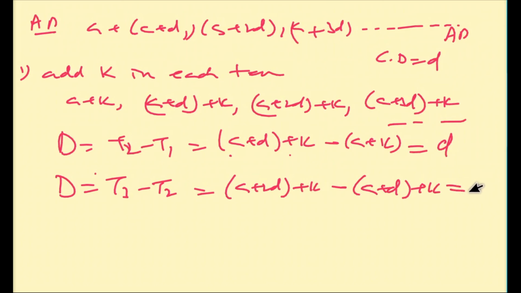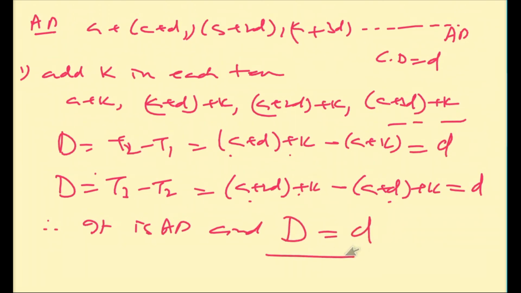What do we get here? k is also cancelled, a plus d is cancelled, so what is left? d. Again the common difference is the same. Hence it is an AP and the common difference remains unchanged.